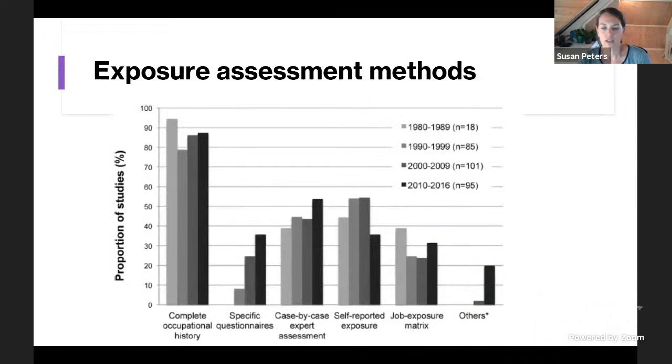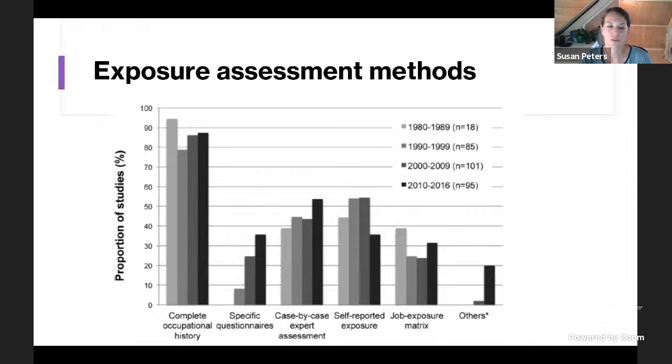And if we then look at how that proceeded over time, there are a few things in this graph, and I'll walk you through it. The first column, I don't know if you can see the pointer, at the first bar, you see how many of these studies had a full occupational history.